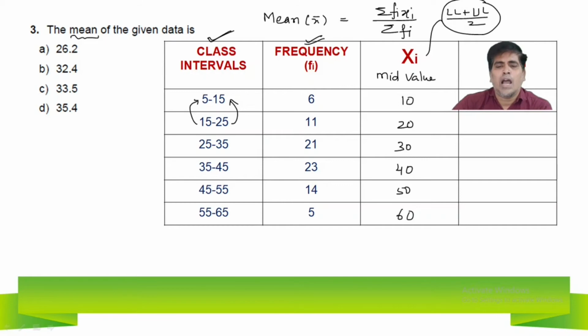Next, we have to multiply fi into xi. So we have to multiply these two columns, this column and this column.